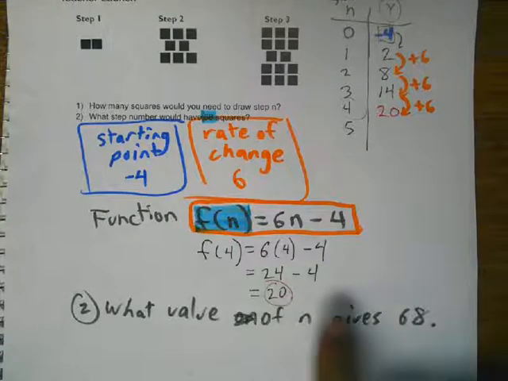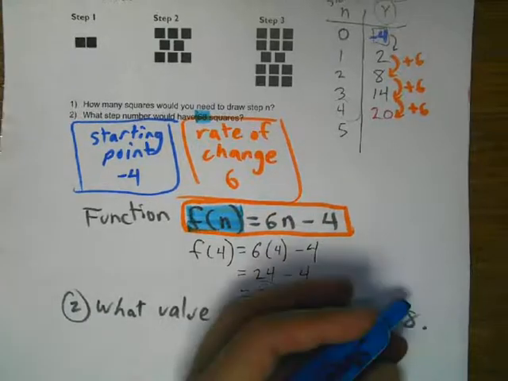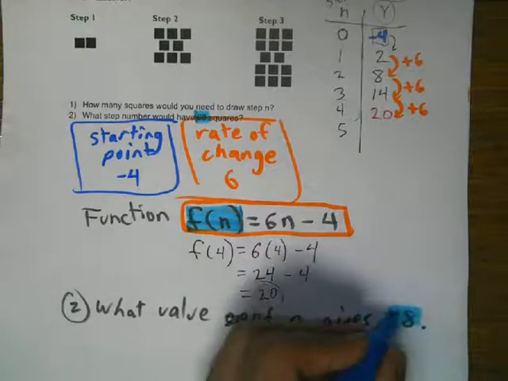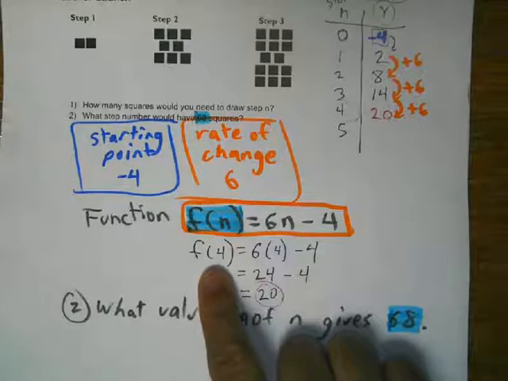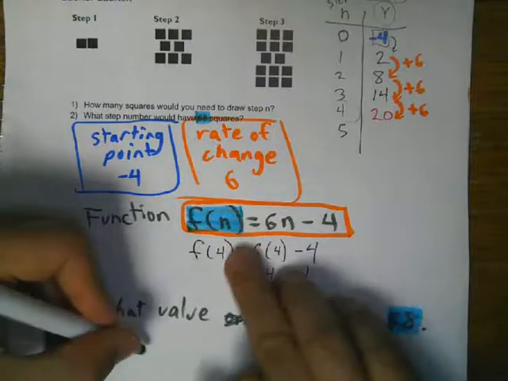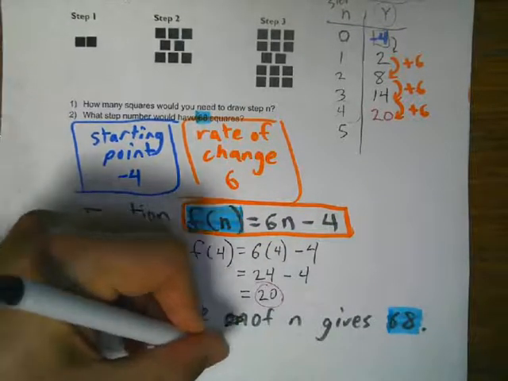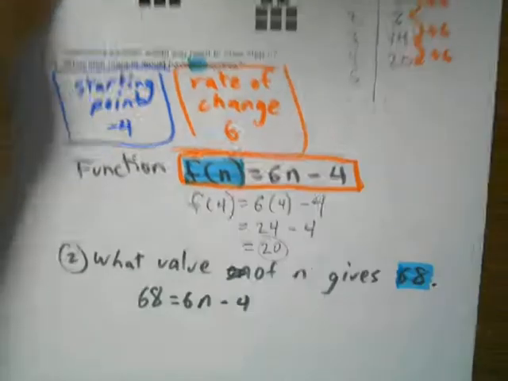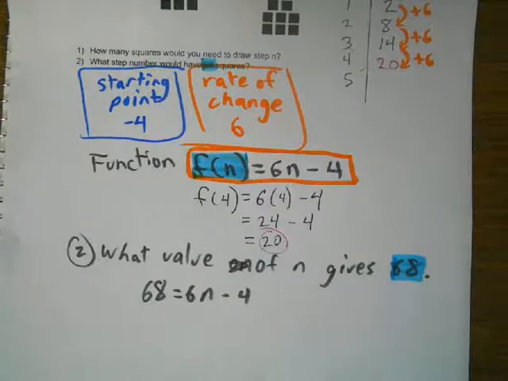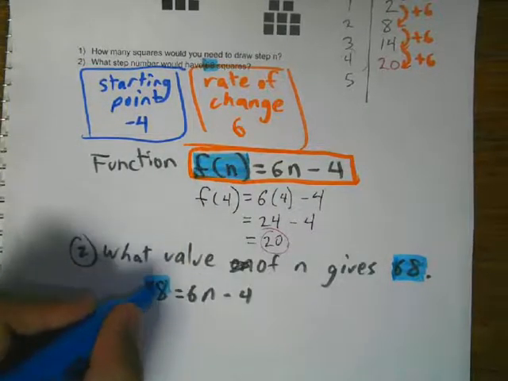So we're trying to find n, and I'm going to replace f parentheses n with 68. So now I'm going to rewrite this as 68 equals 6n minus 4. Like I said, I replaced f of n with 68. And now we're going to solve for n.